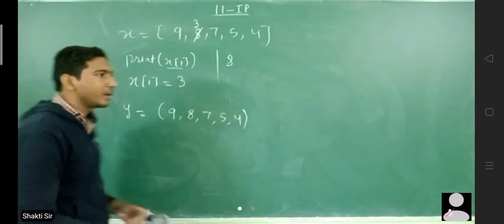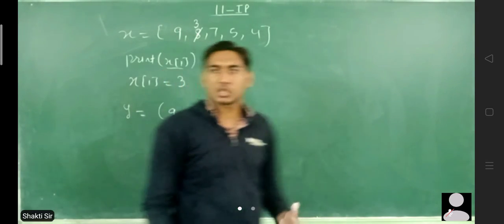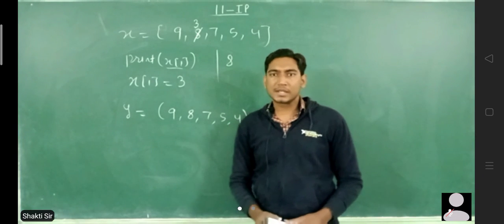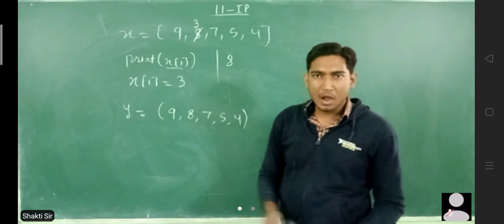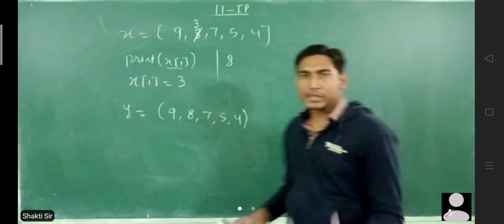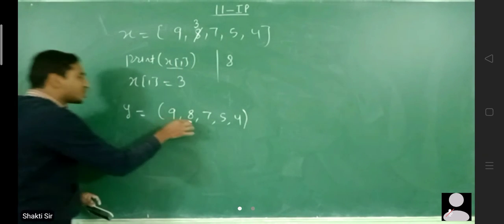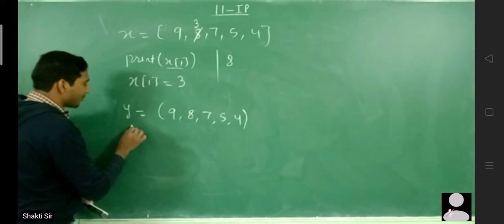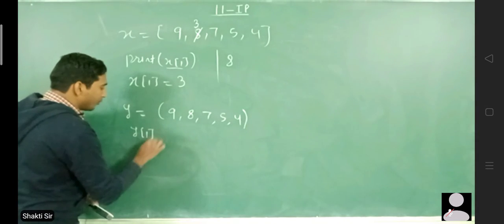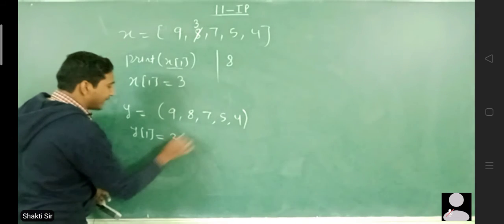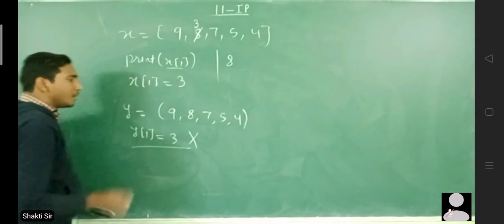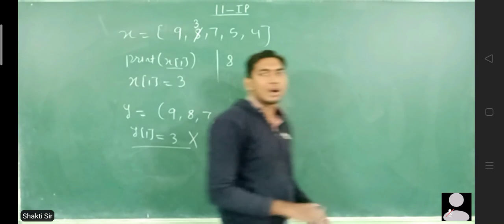There is no difference. प्रिंट करने में कोई इश्यू नहीं है, but we cannot change. Like if I try to write that y[1] = 3, that is wrong basically, because a tuple does not allow to change an element.